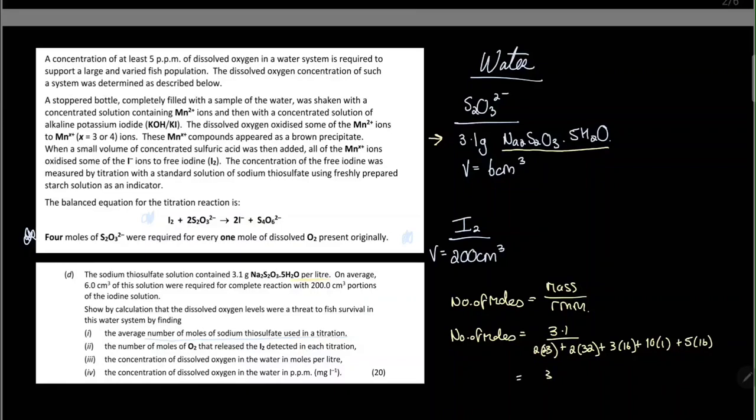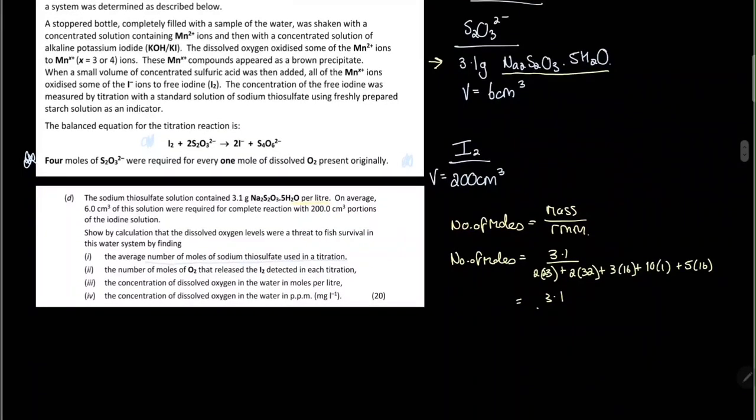So that becomes 3.1 divided by 248, which gives me 0.0125 moles per litre of the sodium thiosulfate.